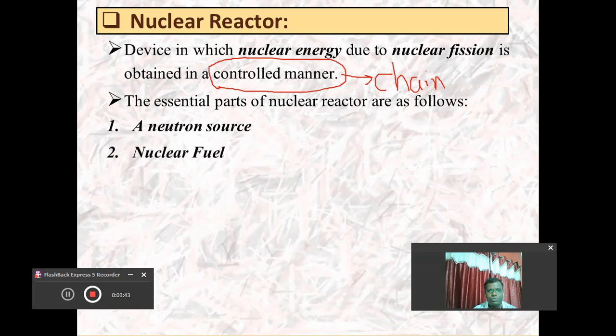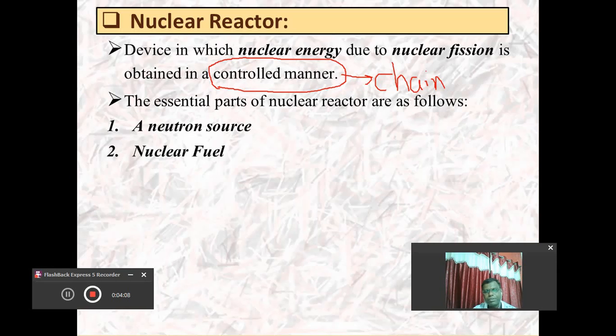Again, these neutrons are bombarded on the target material, the nuclear fuel, which is going to undergo fission, and this target material bombarded by slow neutrons is called a nuclear fuel.